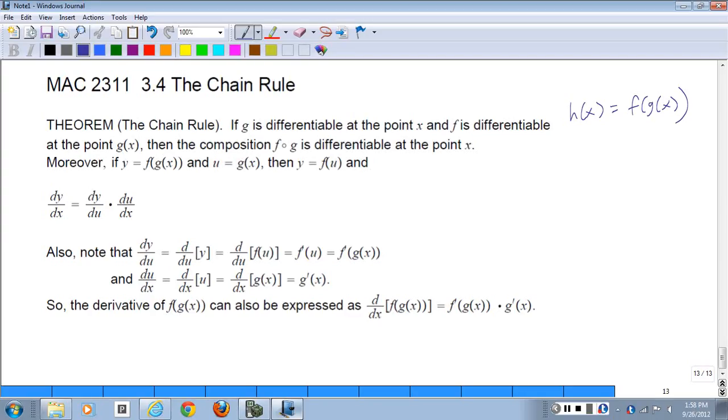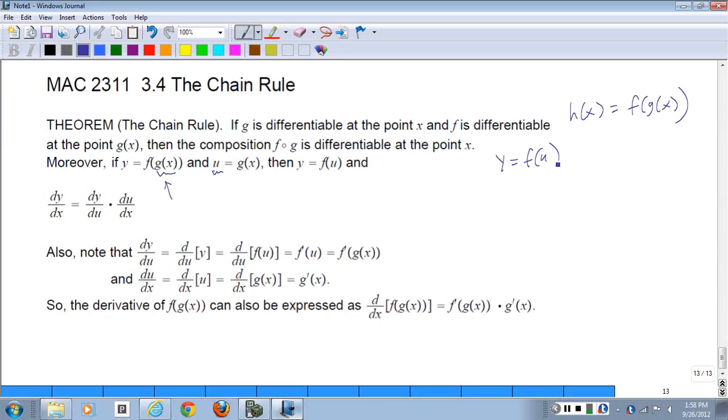So imagine we have y equals f of g of x. What we want to do, in place of g of x, if that's too complicated, is just substitute the variable u. Let u equal g of x. So we're looking at the function y equals f of u.